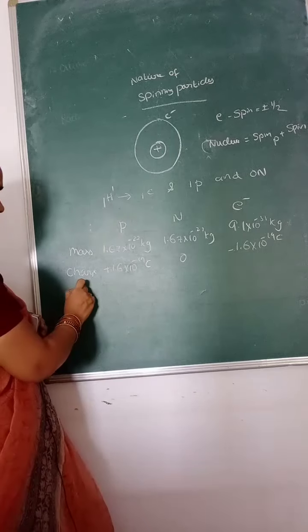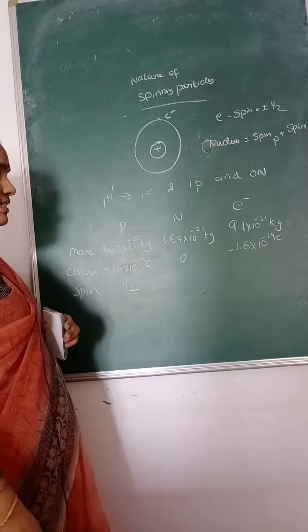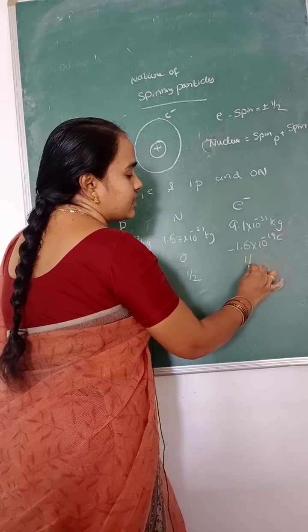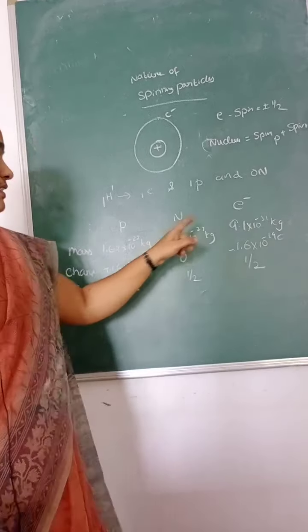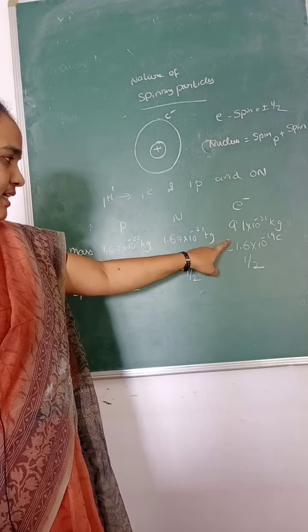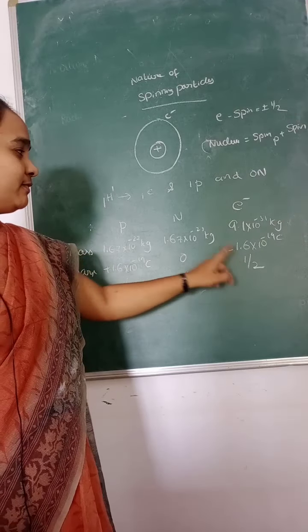The spin associated with the proton is plus or minus half. The spin of a neutron is 1/2. The spin of the electron is plus or minus half.